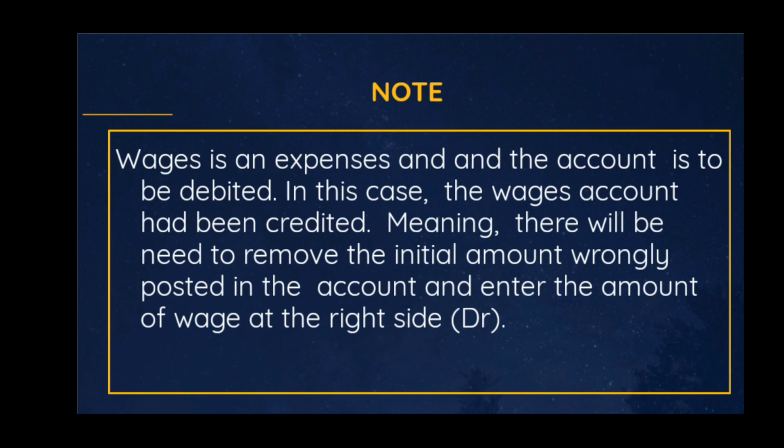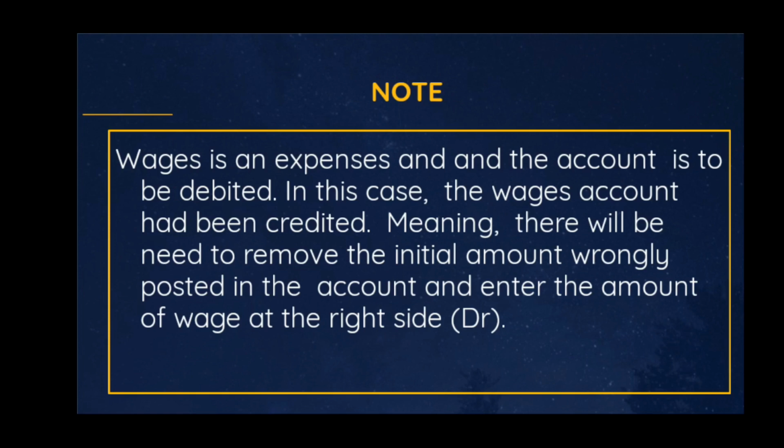So to correct that, we have to remove the amount that was initially credited by debiting the wages account with 10,000 naira. By debiting with 10,000 naira, we cancel out the error. Now, to post the entry in a proper way, we debit the wages account with the normal 10,000 naira.